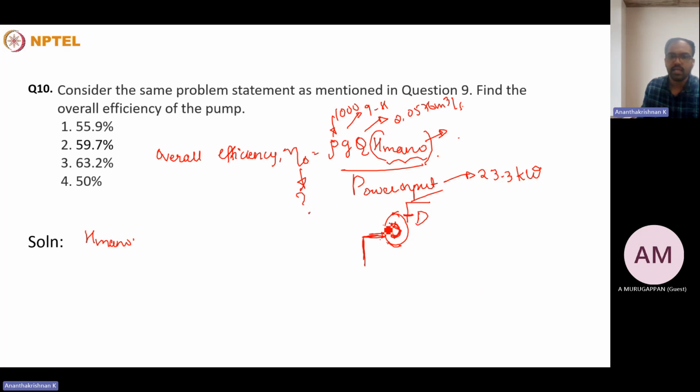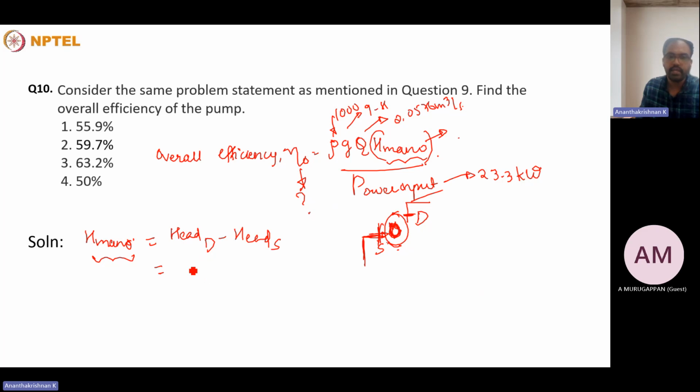This is S and this is D. The manometric head is defined as the difference in head that is imparted to the fluid in the pump impeller by the external energy providing source. So it is the total head at the point D minus the total head at the point S.